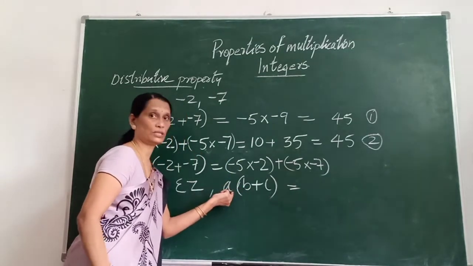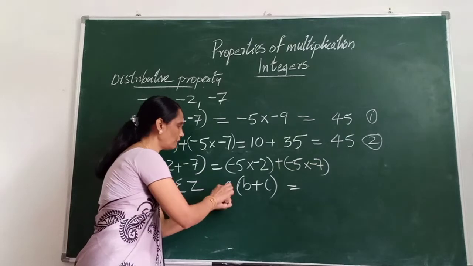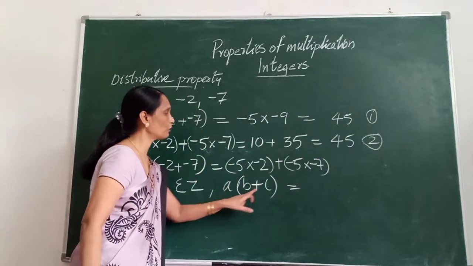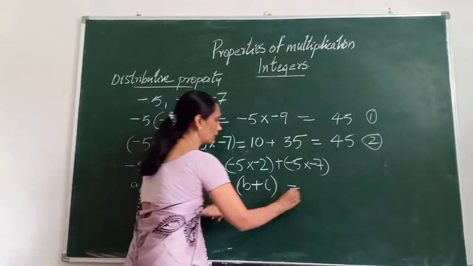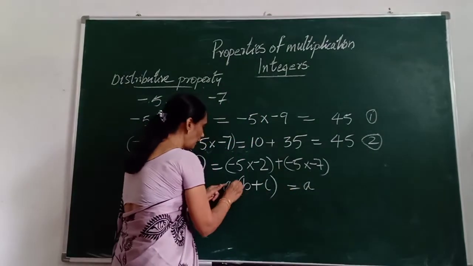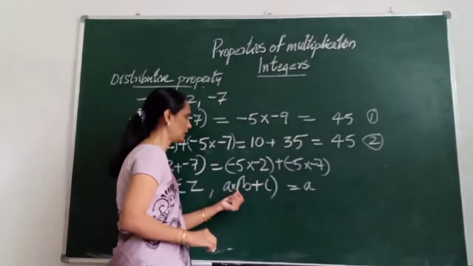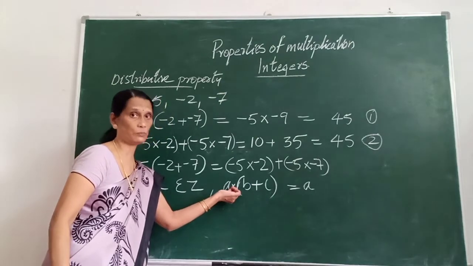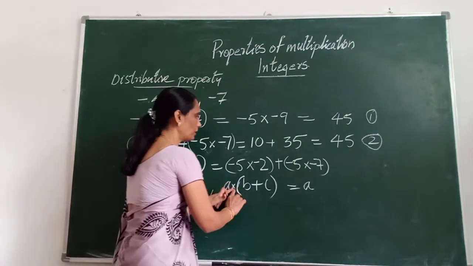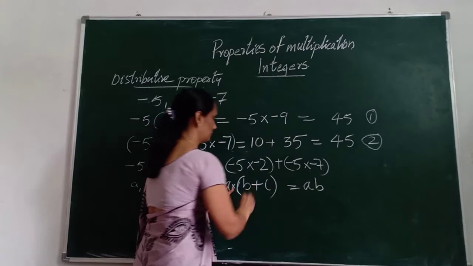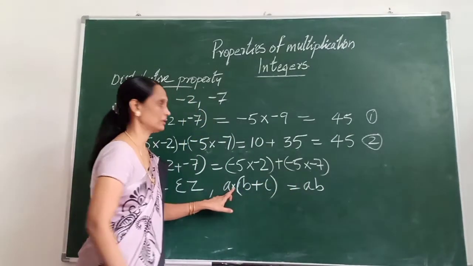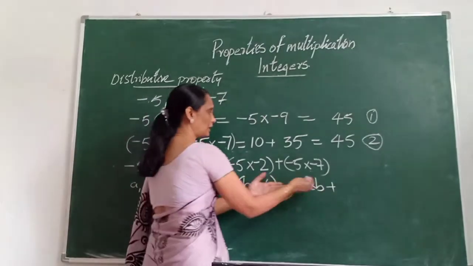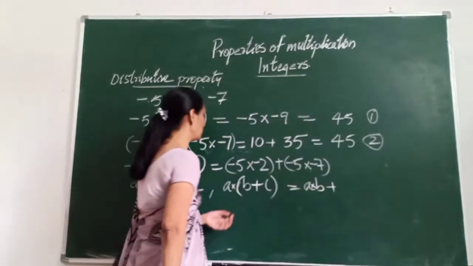Distributing means we are giving a to both the numbers. So what does it become? a into b plus a into c. When there is a bracket, there is no need to specially mention the multiplication symbol. So a into b means ab, plus a into c, that is ac. We can write a into b as ab or a into b, no problem.